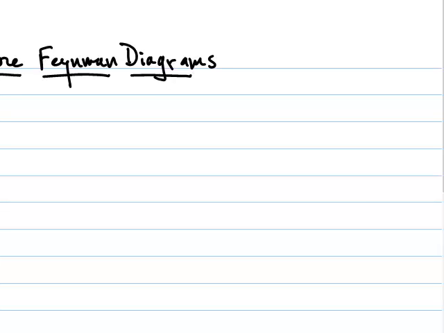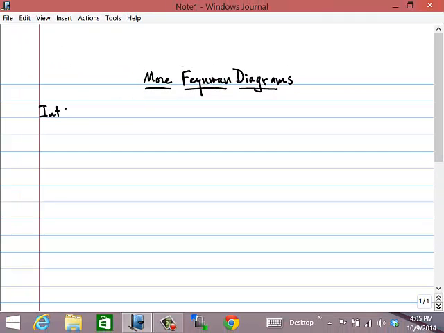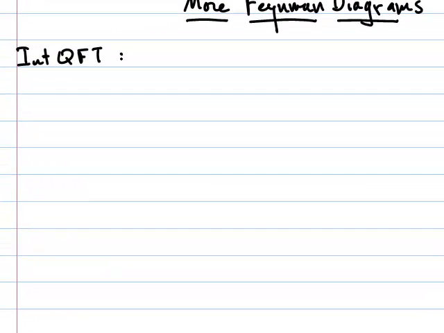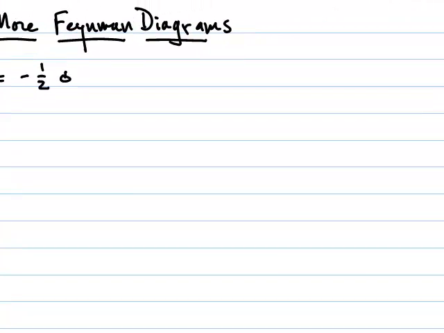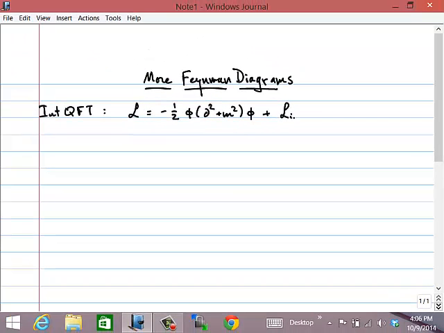So let me just begin by reminding you where we left off last class. We're considering an interacting quantum field theory, say one whose Lagrangian is minus 1/2 times the usual kinetic term, where here I've written it by parts to make it look a little bit more symmetric, plus some interaction term.